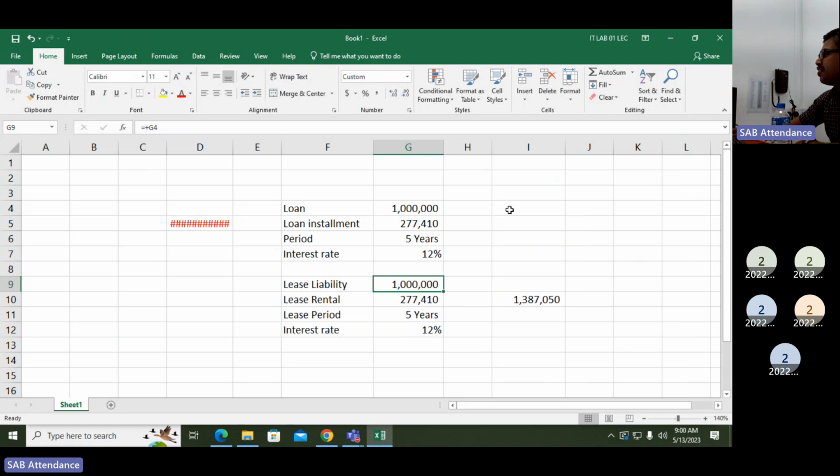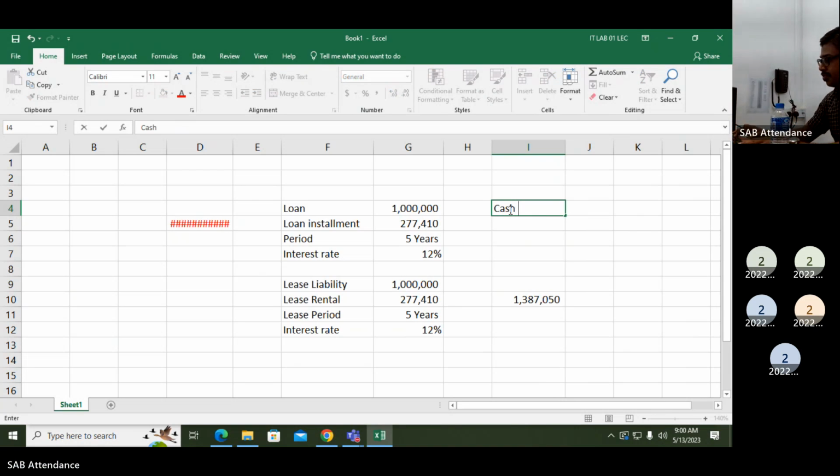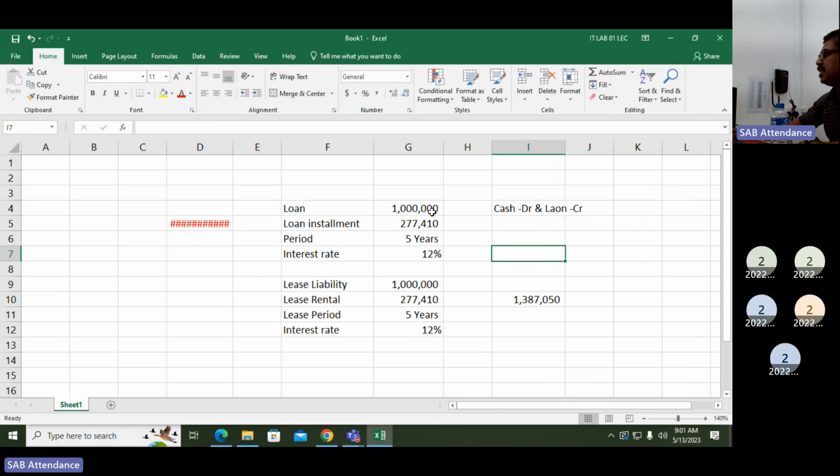In the case of a loan, you debit cash and credit loan this 1 million. This is obvious since you are receiving it by cash. In a lease, we are not receiving cash.